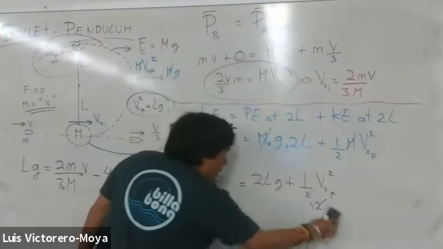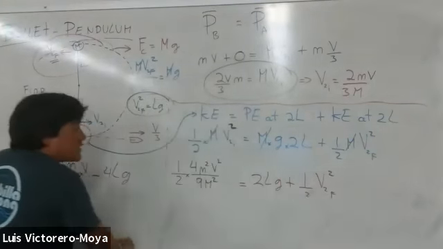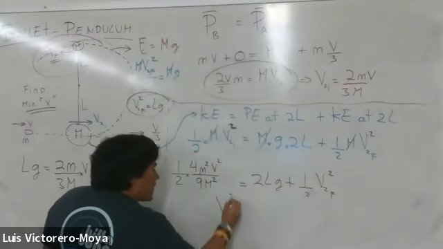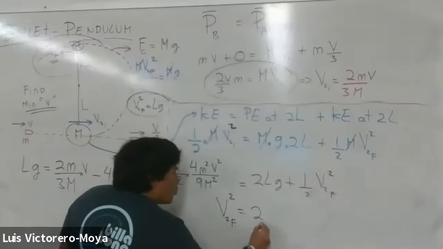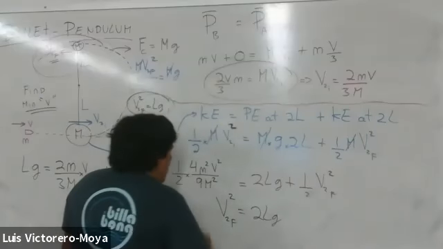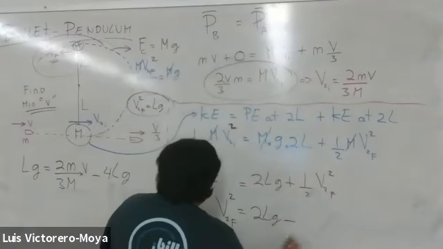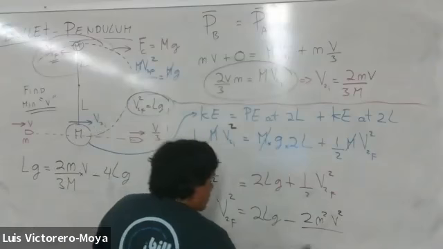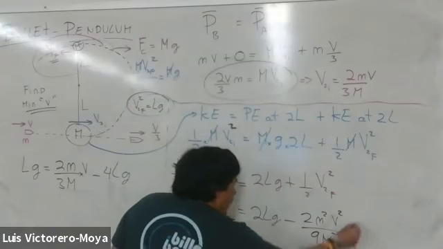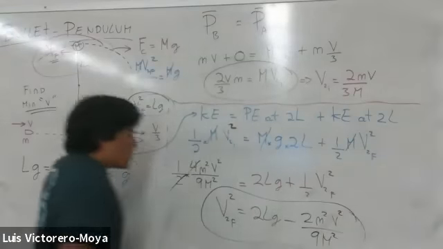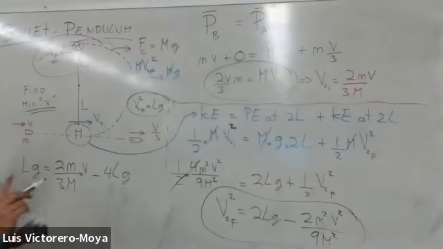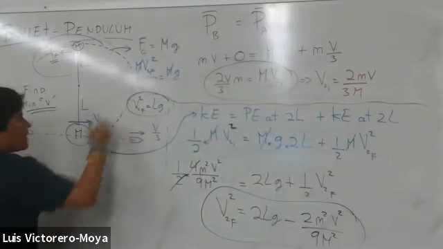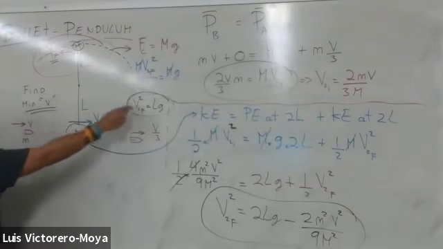So what I'm gonna do is, since I need V2 final square, I'm just gonna write here V2 final square is 2LG minus half and half minus 2M squared V squared over 9M squared. So I have this relationship. And that's okay, because then here, V2 final square was LG, the condition, right?